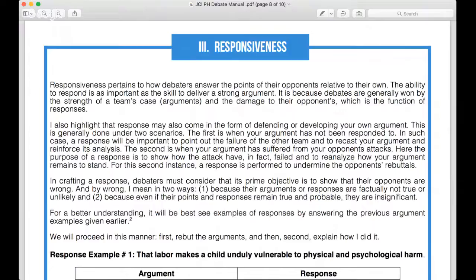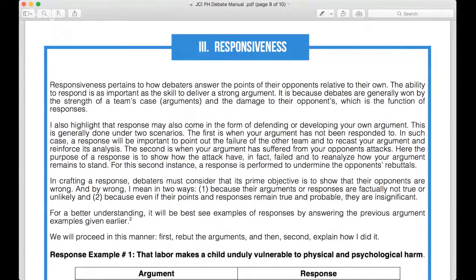The second purpose of responding is when your argument or your teammate's argument has suffered from an opponent's attack, when your opponent did respond to the previous speaker. The purpose here is to reanalyze your argument and rebuild it, give fresh analysis to it, and give additional relevance and weight to your argumentation, because that's also important.